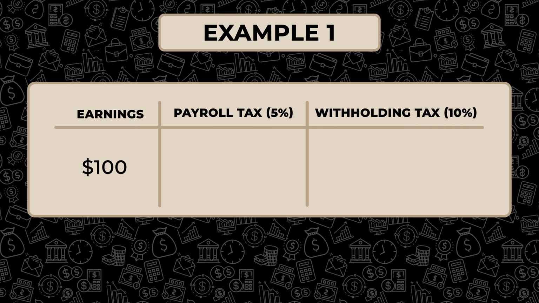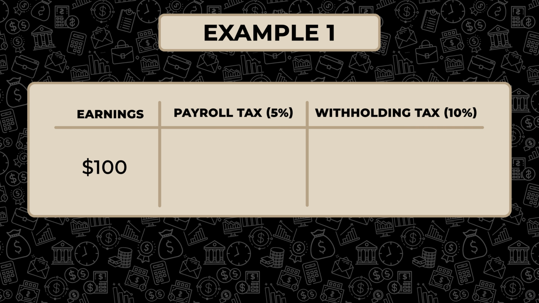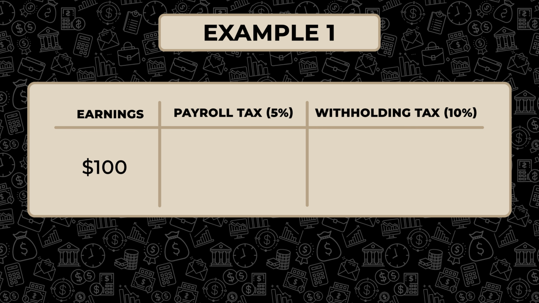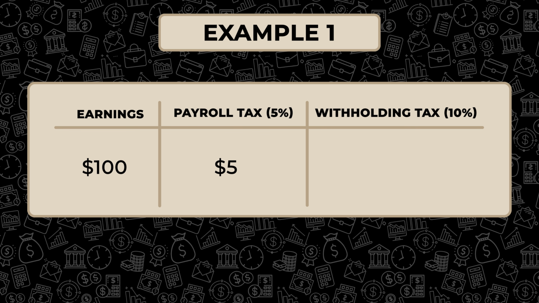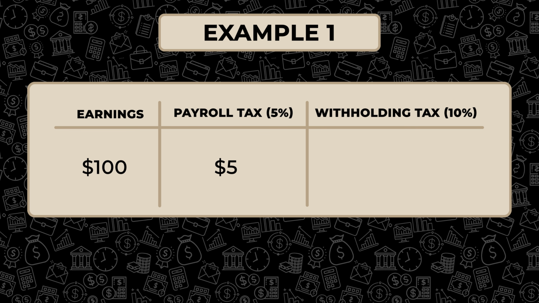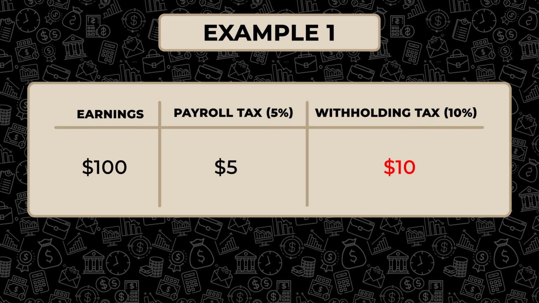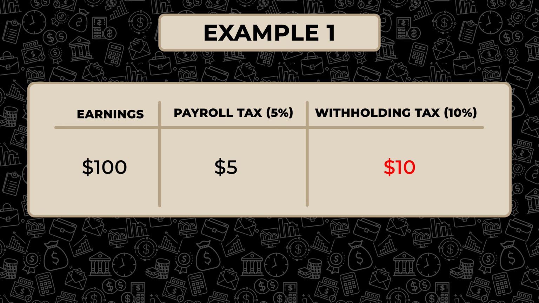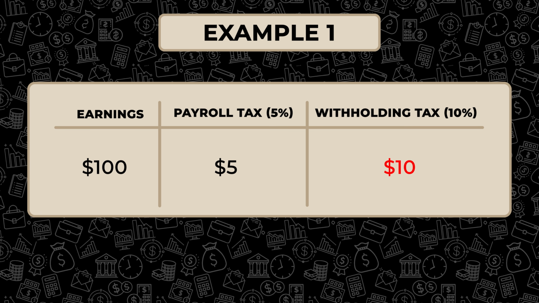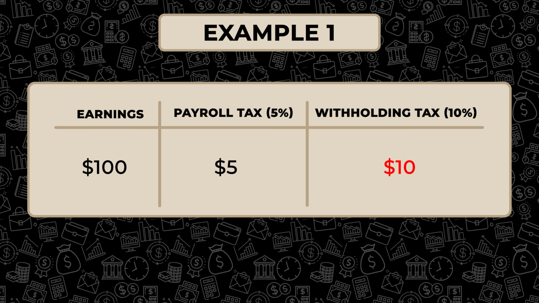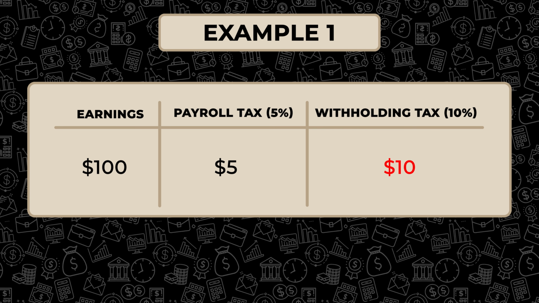So again, the worker earned $100 and there's $5 in payroll tax that the company pays extra, and the company must withhold $10 from the worker's check. In this example, exactly how would that be recorded in the days before the computer?